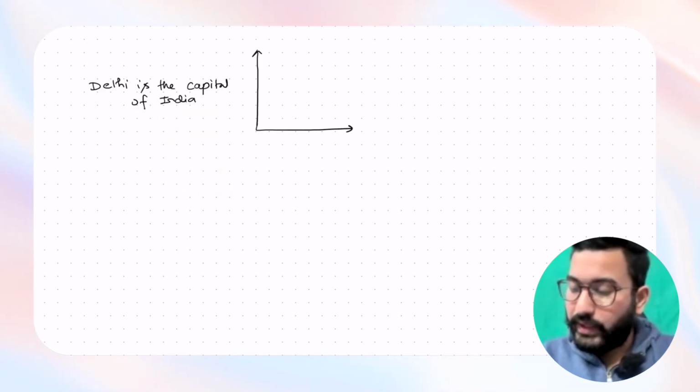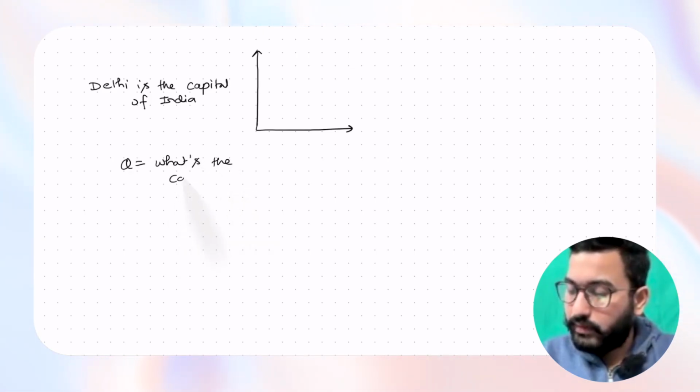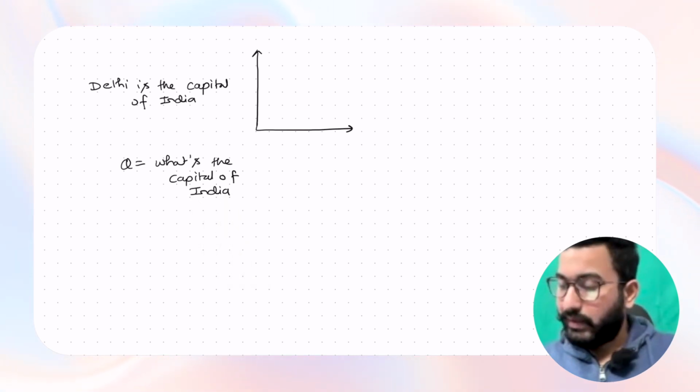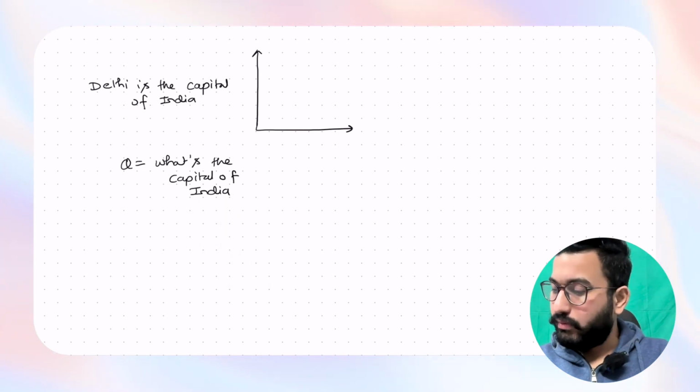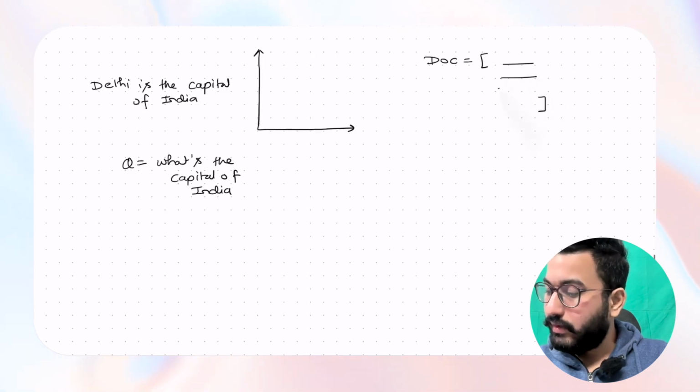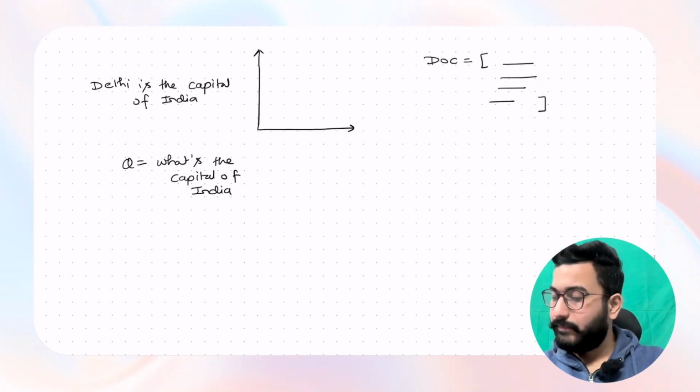Now, let's say my query is: what's the capital of India? So in this application, we are going to first of all create a list of documents where I will have multiple documents about various cities.